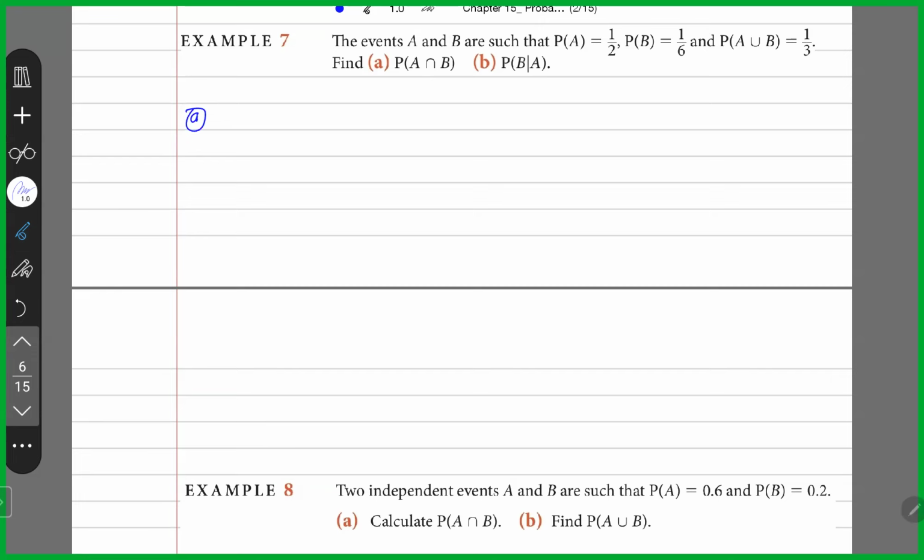We know that the probability of A union B is equal to the probability of A plus the probability of B minus the probability of A intersect B. Let's put in what we know. This is 1/3, am I correct? This is equal to what, 1/2? Plus, what is this, 1/6? What we don't know is this.